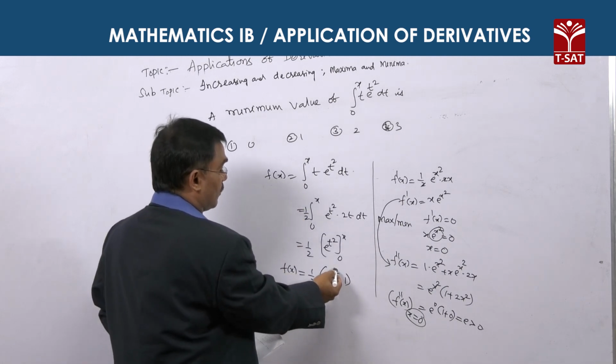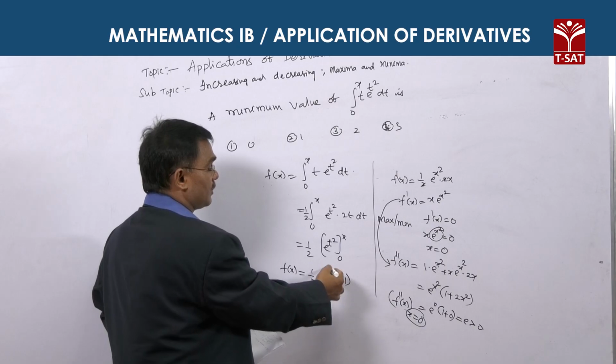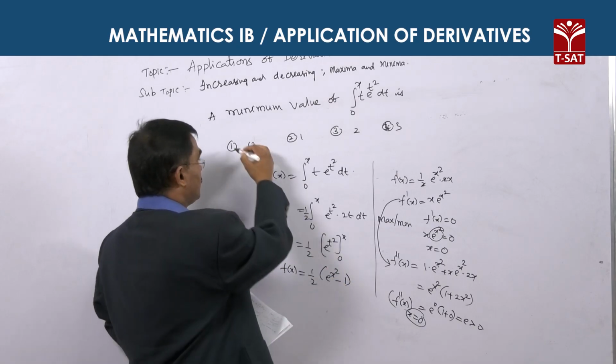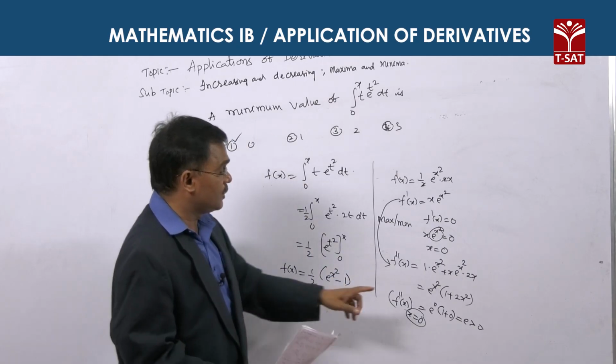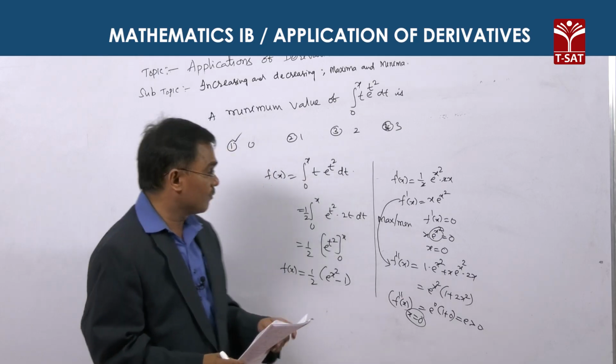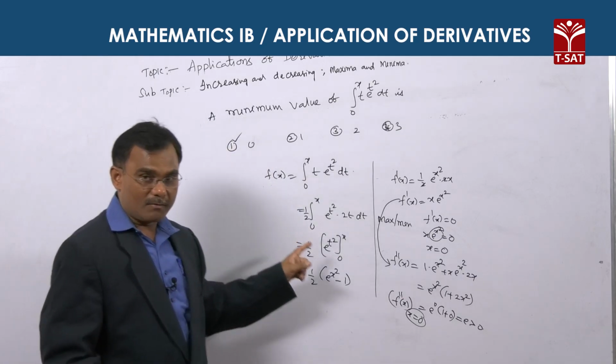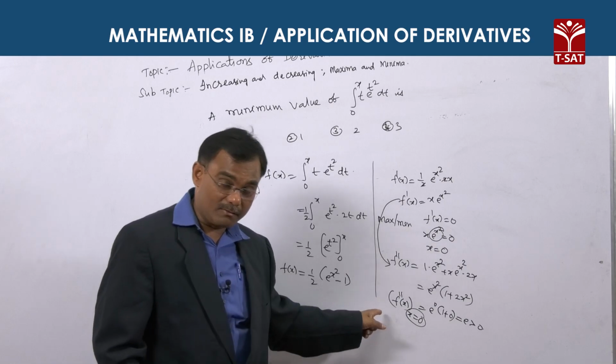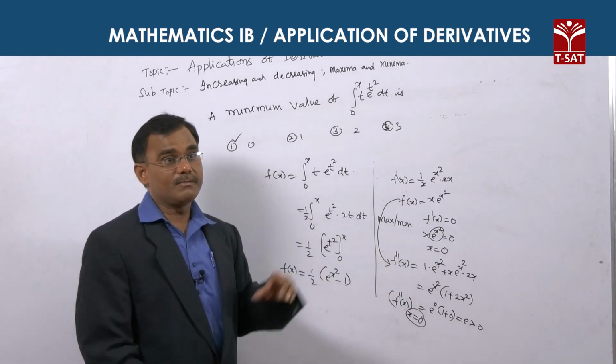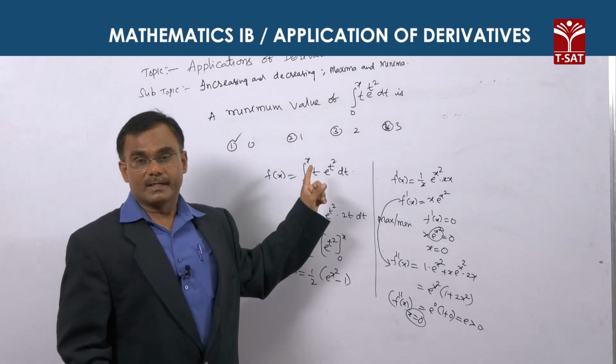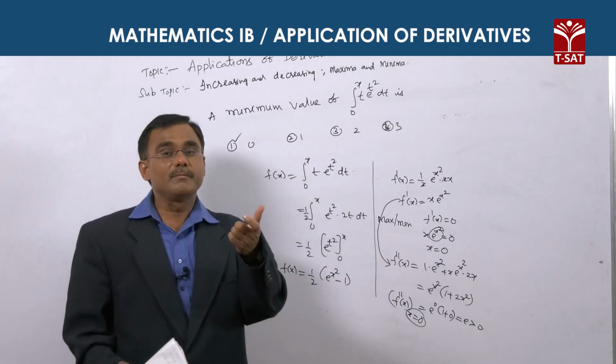Substitute x equal to 0: e power 0 is 1, and 1 minus 1 is 0. So the minimum value of the function at x equal to 0 is 0. Look, the given function is given, find the minimum value.